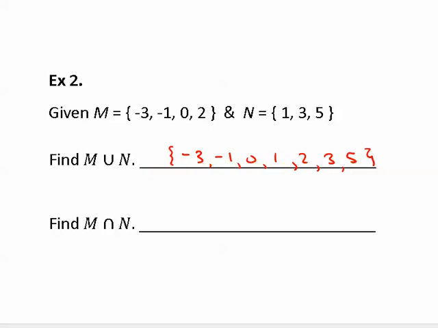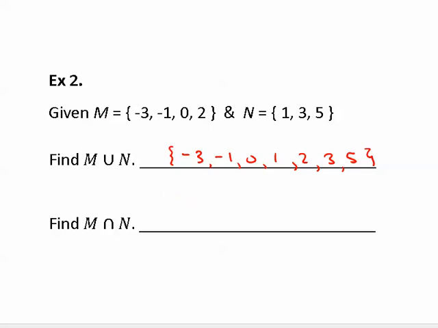Now what about the intersection? We're looking for values that occur in both of these sets. So what about -3? No, it's not in the set N. -1 is in the set M, but not in N. 0 is not in either one, and 2 is not in both sets.